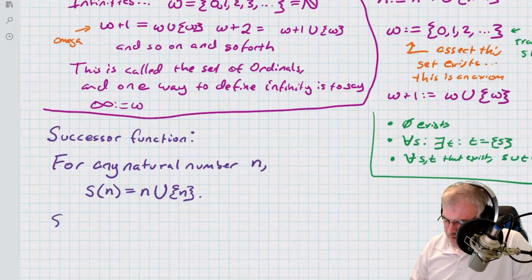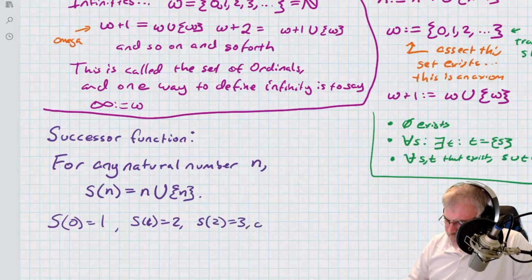So S of 0 equals 1. S of 1 equals 2. S of 2 equals 3. And so on.